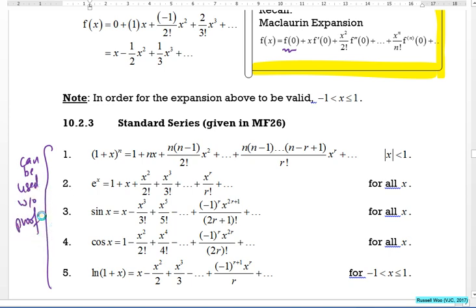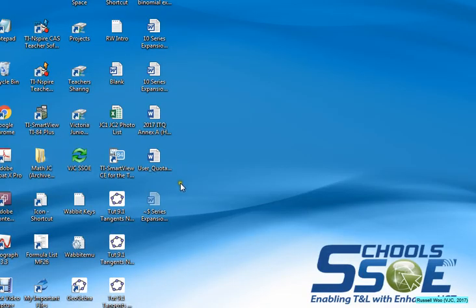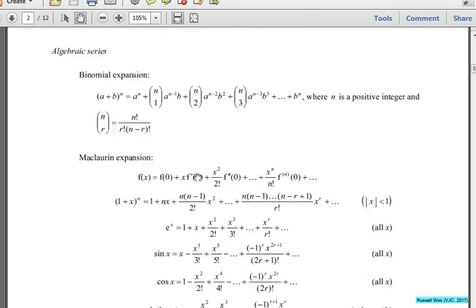Now, can I ask you a question? Do you find this first line familiar? This is from what you learned earlier, the binomial expansion for non-positive integer. Now, I would like to explain why you see this line under Maclaurin's expansion.